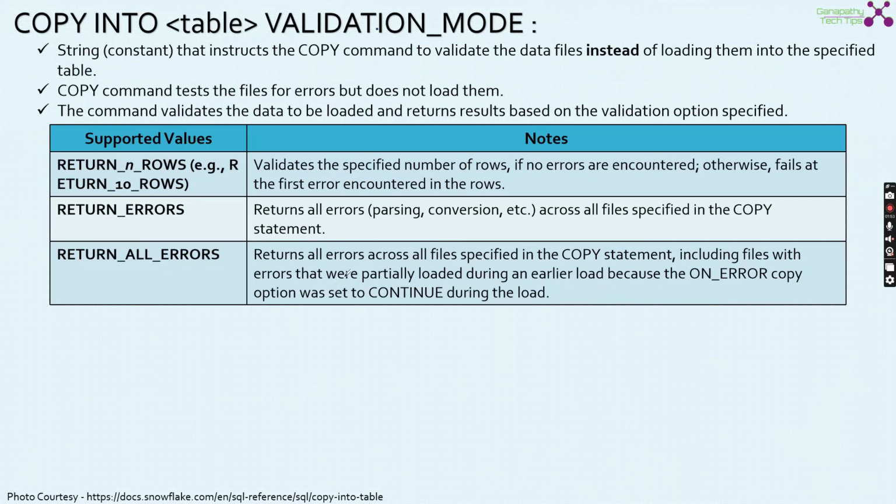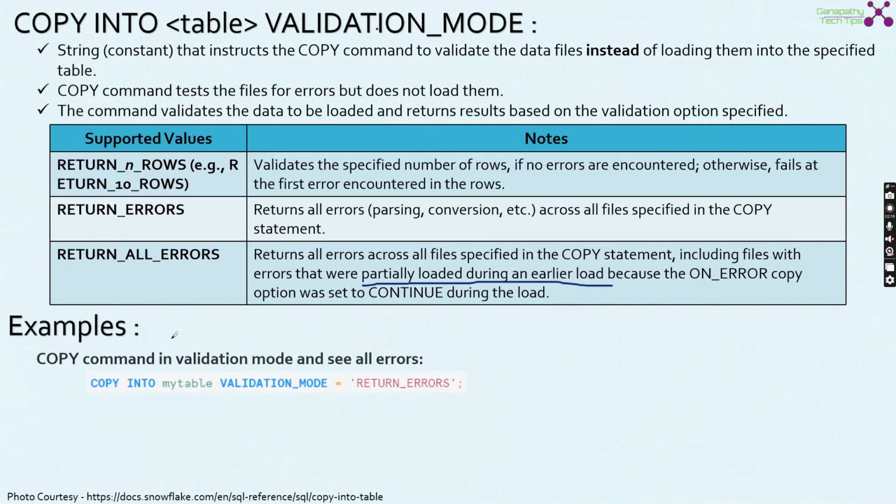So here you can see that it returns all errors of all the files specified in the copy statement, including files with errors that were partially loaded during an earlier load, because the on error copy option was set to continue during the load. So this is an important thing to know. The return all errors option will return you all the errors for the previously partially loaded files as well.